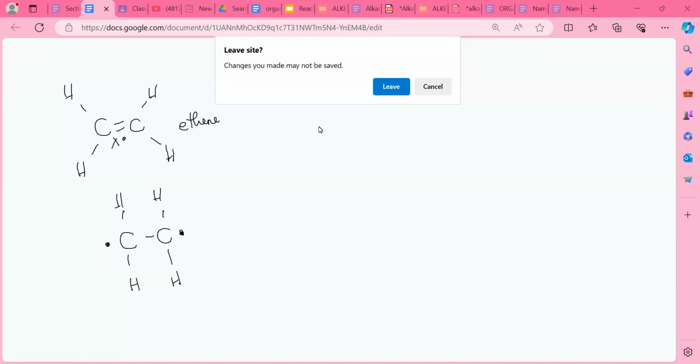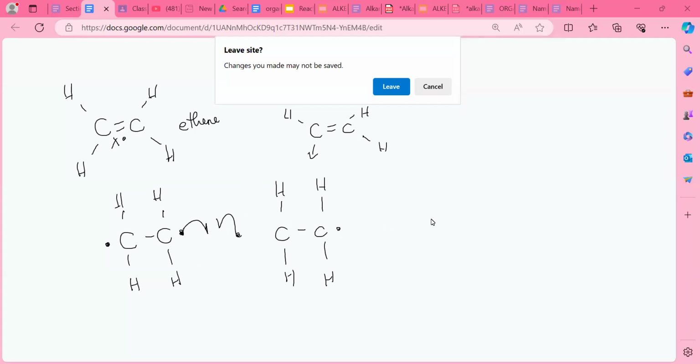If I draw another ethene molecule and I want to link them together, what is going to happen? The double bond breaks, so I end up with a molecule that looks like this. Each carbon has a free electron. So this electron can bond with this electron to form a bond.